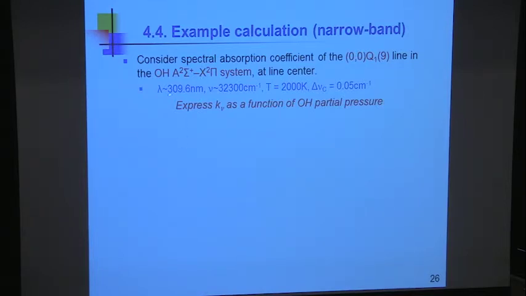It happens to be at a wavelength of 310 nanometers or a frequency of 32,000 wave numbers. And if I want to do this at 2,000 degrees, and if I did my calculation for the collision broadening, I would get a number of about 0.05. So what I'd like to know now is what is K as a function of the partial pressure of OH? So here's our expression.